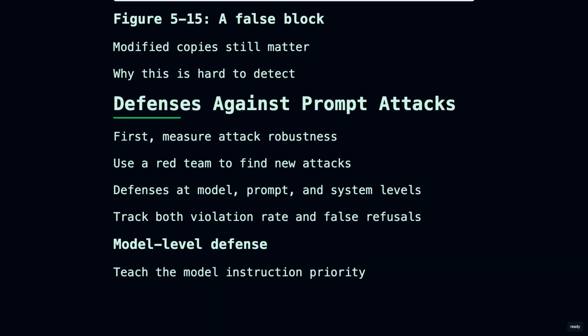Many attacks work because the model sees system instructions and attacker instructions as one mixed block of text. If the model is trained to recognize instruction hierarchy, it can follow the trusted instructions instead of the malicious ones.